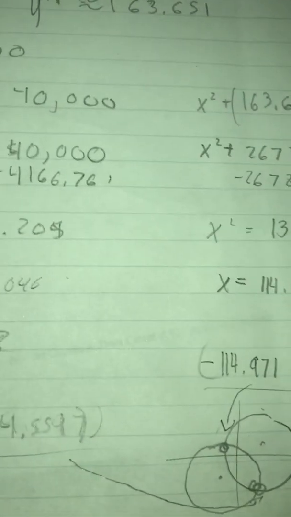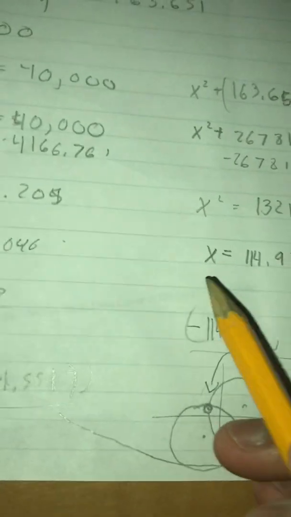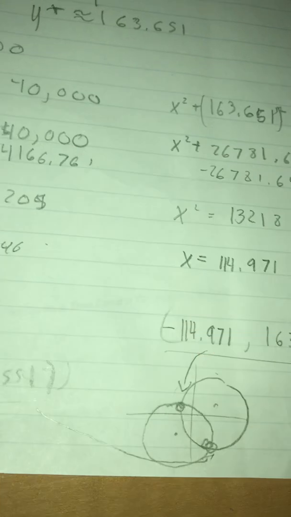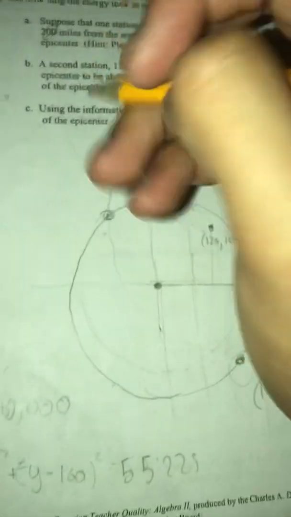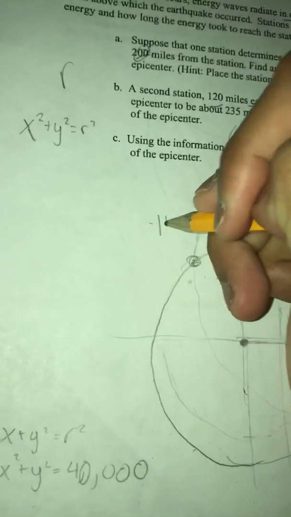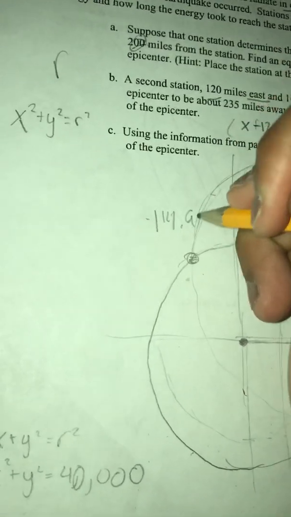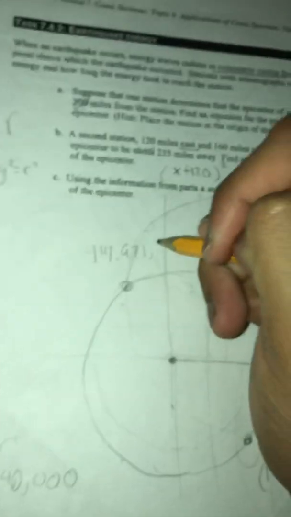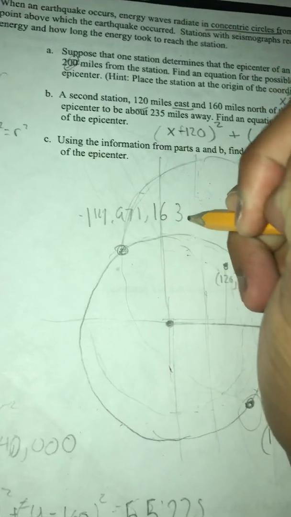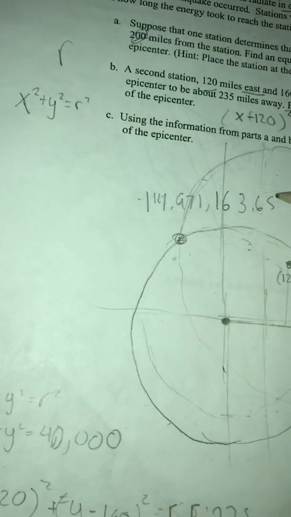That's why the x becomes negative: whenever you square something, it could be plus or minus the square root, so when we do that, it would have to be minus. So it would become negative 114.971, then 163.651. And that's how you would solve it.